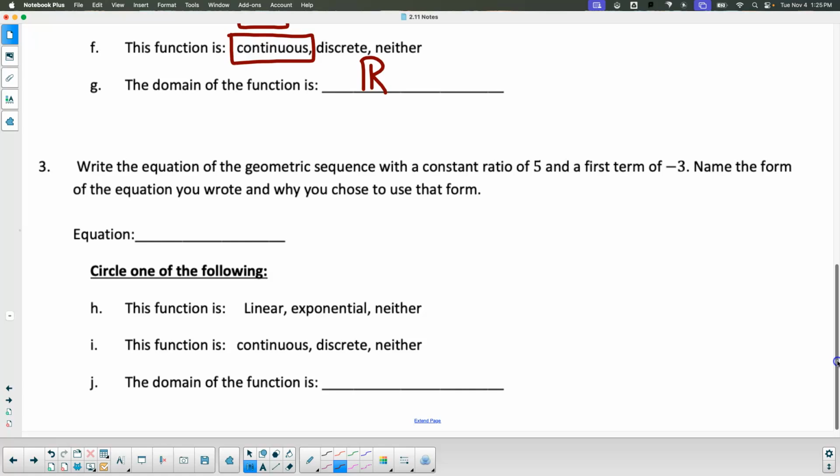Go to number 3. Write the equation of a geometric, tap the brakes right off the start. What kind of equation are we writing? Exponential. So it means our exponent has to have the variable. Write the equation of a geometric sequence with a constant ratio of 5 and a first term of -3.